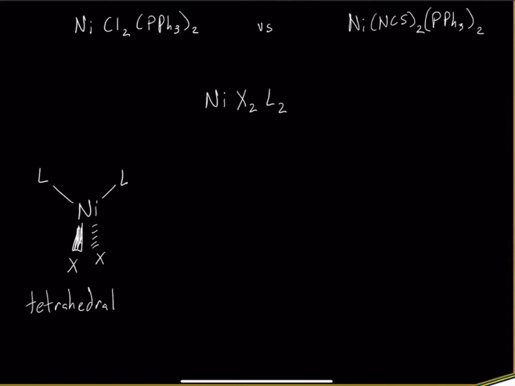However, as we move down in the periodic table, sterics become less important because our atoms get larger. So our bond distances get larger as well. And so electronic factors, right, can step in and change our geometry. And so the other case that we could imagine, right, is our square planar geometries.